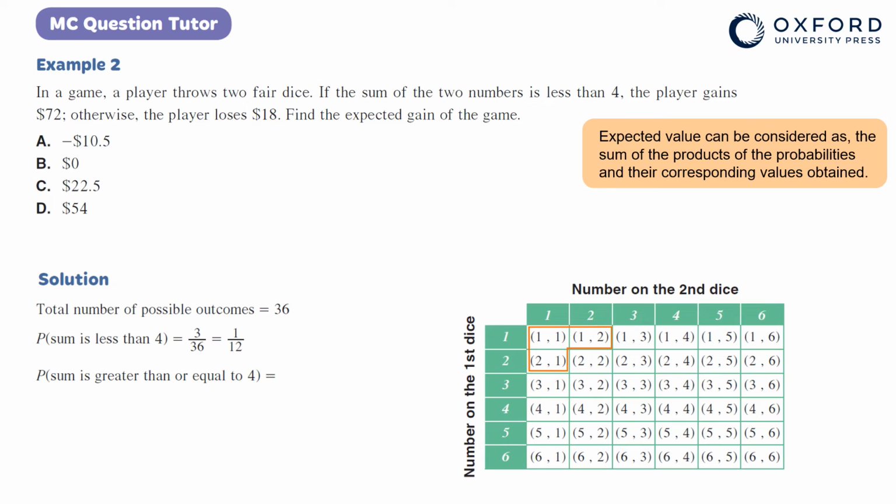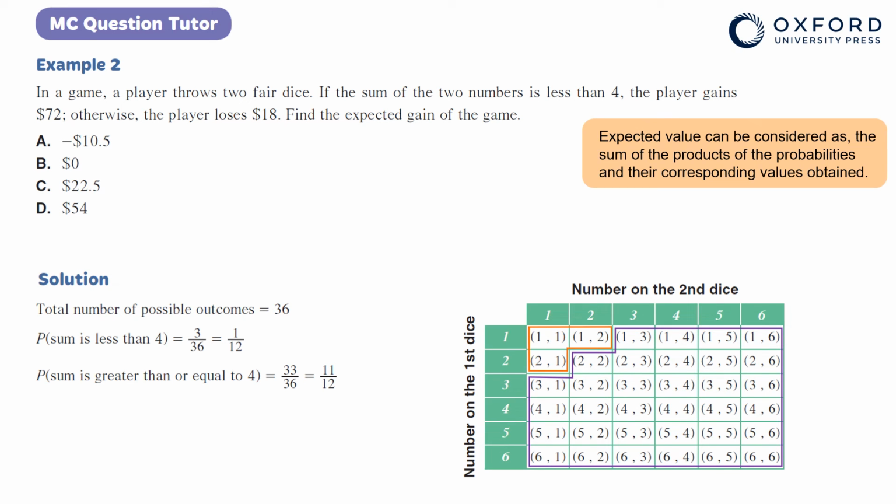Each of the remaining 33 outcomes will give a sum greater than or equal to 4. That means the probability that the sum of the 2 numbers is greater than or equal to 4 is 33/36, which is equal to 11/12.